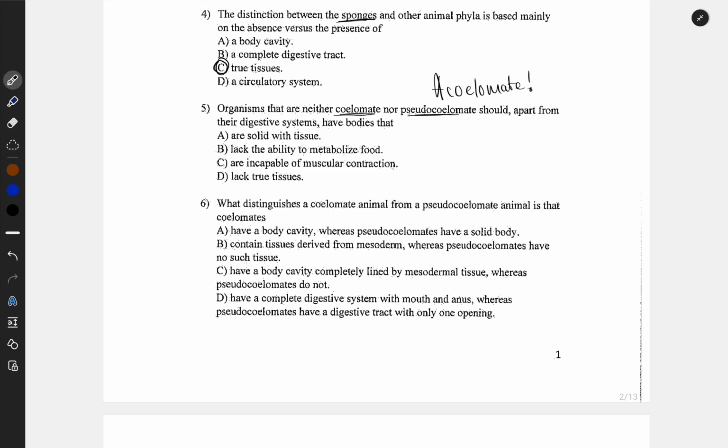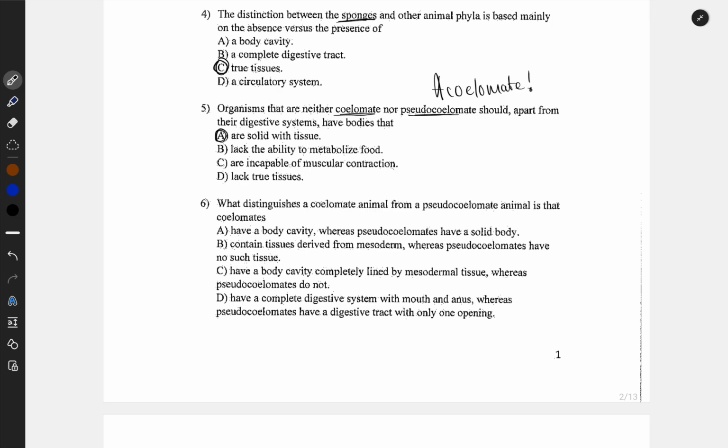So organisms that are neither coelomate nor pseudocoelomate should, apart from their digestive systems, have bodies that are solid with tissue. Their bodies are solid. We can't say they lack true tissues, because the guys that lack true tissues are the sponges, and they are not there.